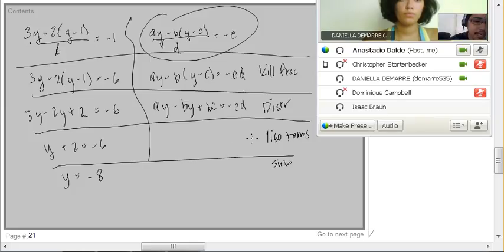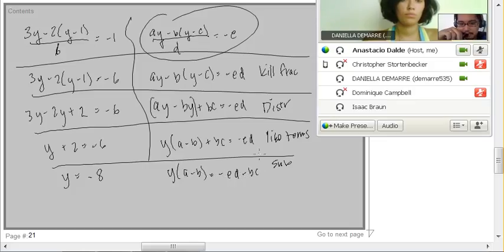So I need to combine these like terms, and essentially that kind of means that I'm going to factor out the y. So it's y times a minus b plus b times c equals negative ed. Subtract over the bc, so I have y times a minus b equals negative ed minus bc.